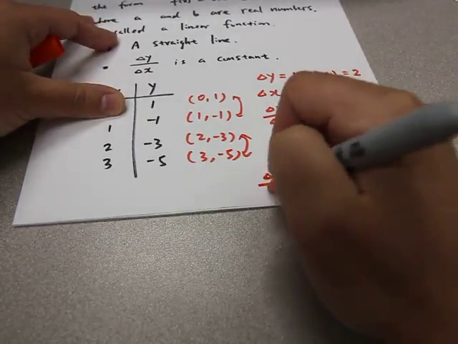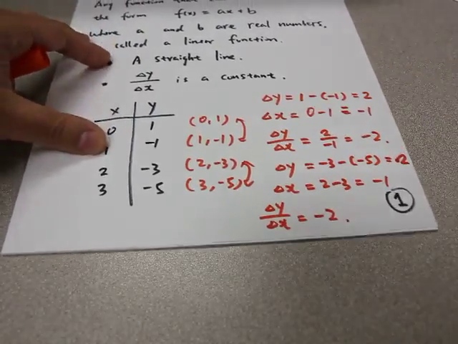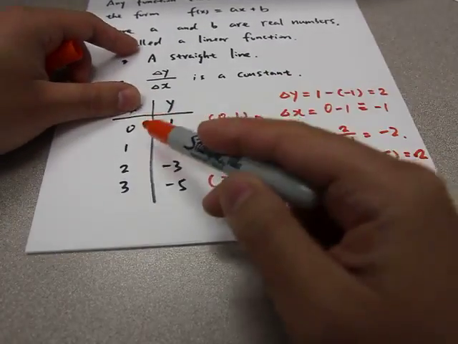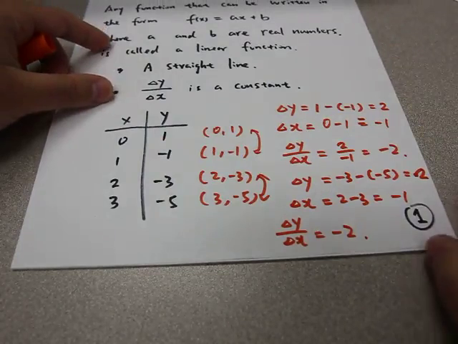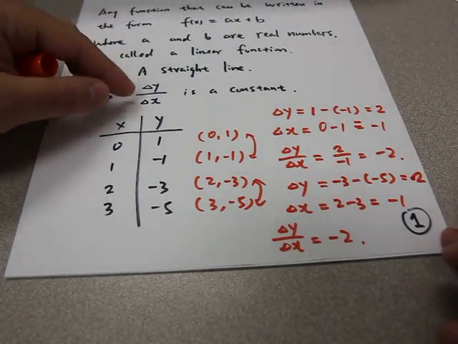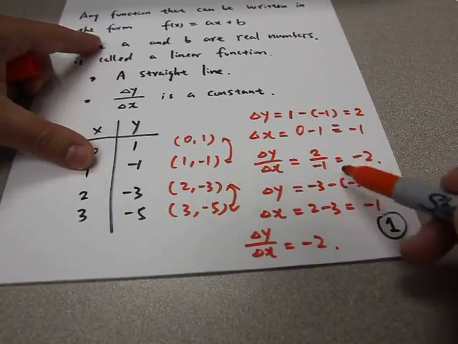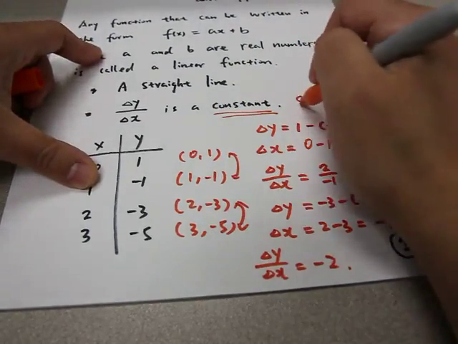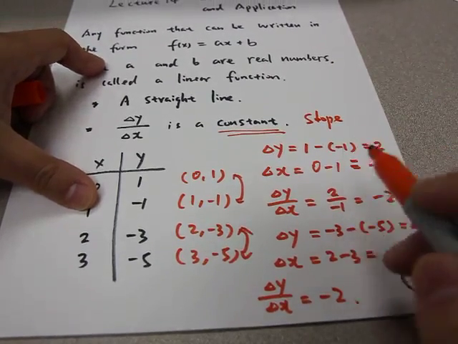So this ratio is also -2. Therefore, we can tell this table represents a linear function, okay? Because the ratio of the change in the y to the change in the x is always a constant. And later we will see this constant is called the slope of this linear function.